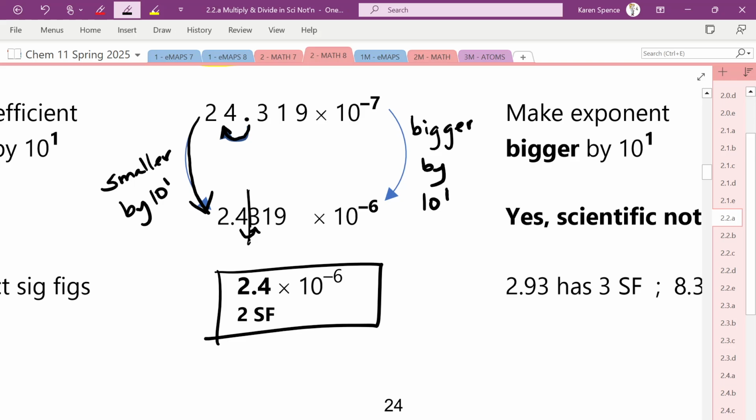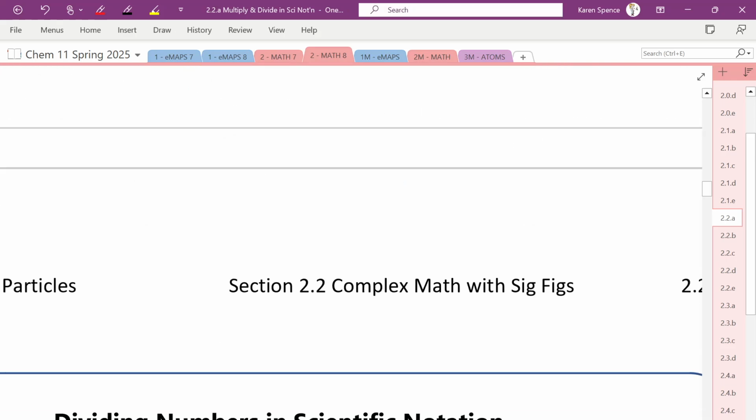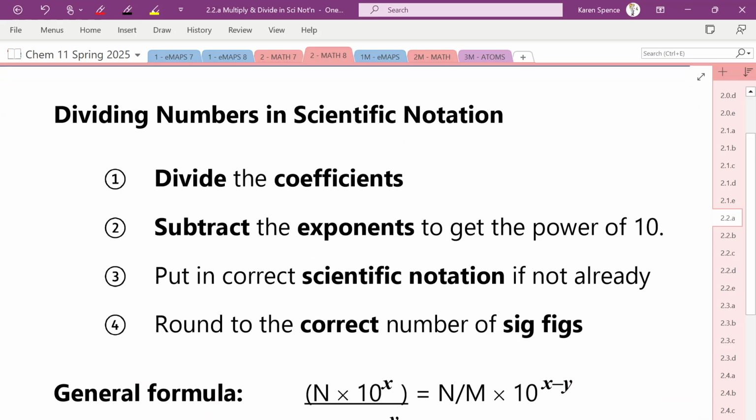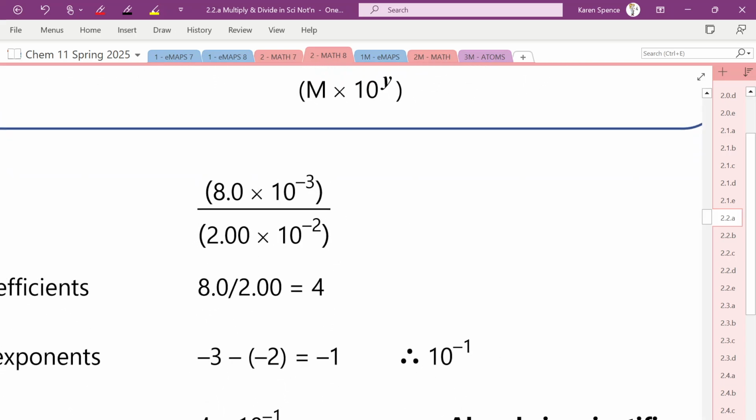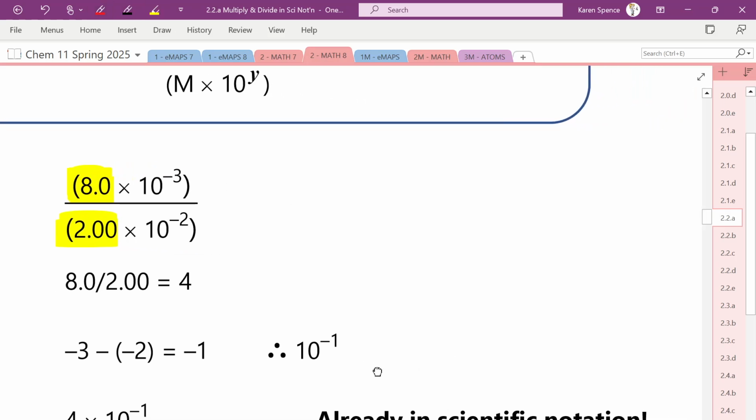One more example, because we want to do division as well. The only thing different about division is that you are going to divide your coefficients. So 8 divided by 2 is 4. But you also need to know what to do with the exponents.